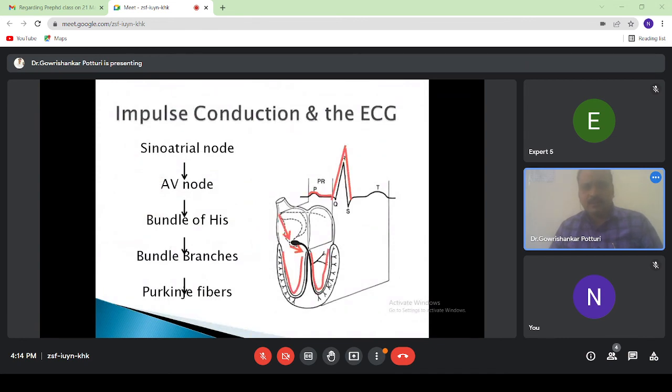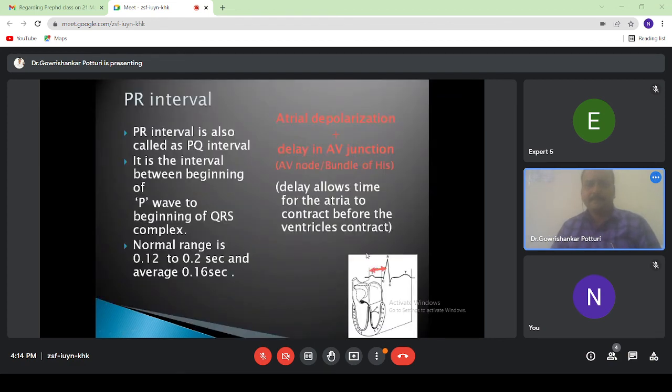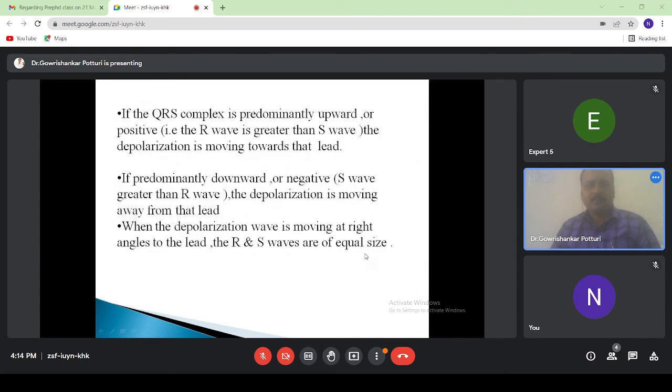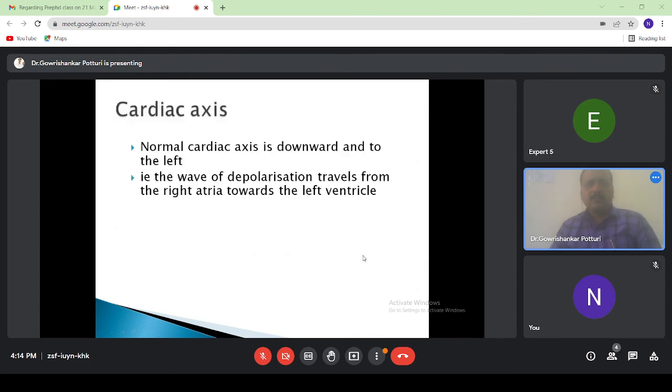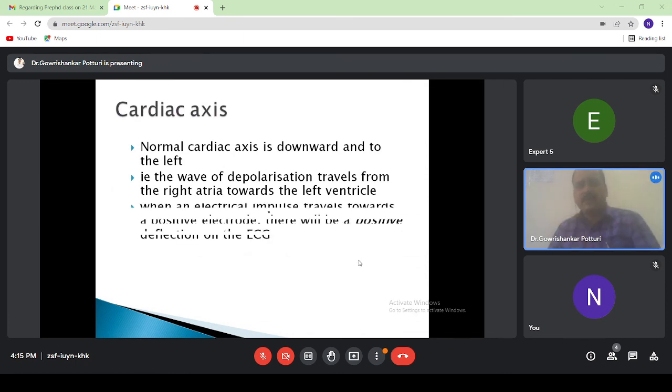See, here it is towards the downward and towards the left side. That is, the wave of depolarization travels from the right atrium towards the left ventricle.